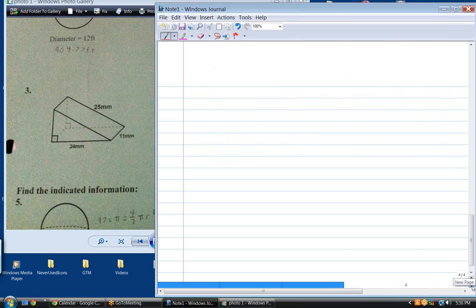All right, how do we figure the volume of this prism? All prisms are pretty much the same. What do you do to figure out their volume? A prism is defined by the fact that you have two equal bases that are opposite one another.